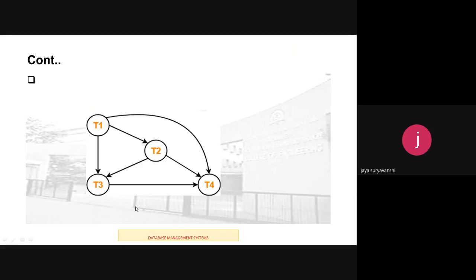Therefore, the given S is conflict serializable, sorry, because there is no loop existing.